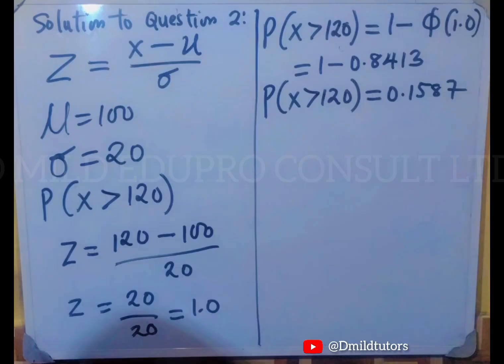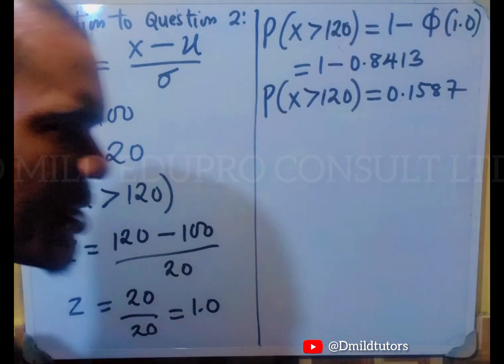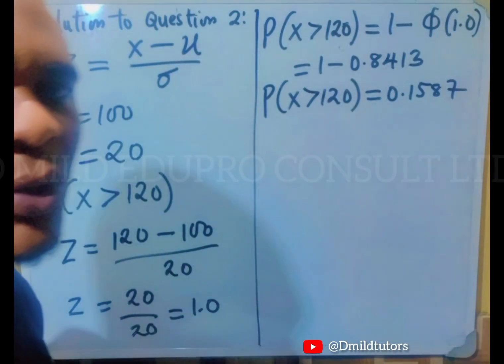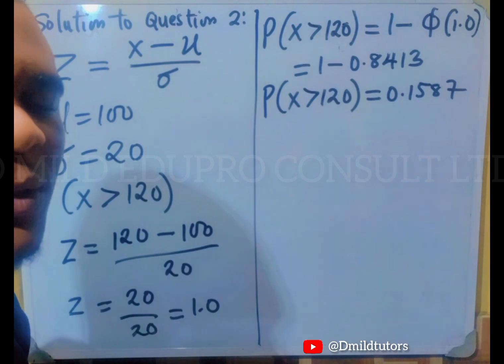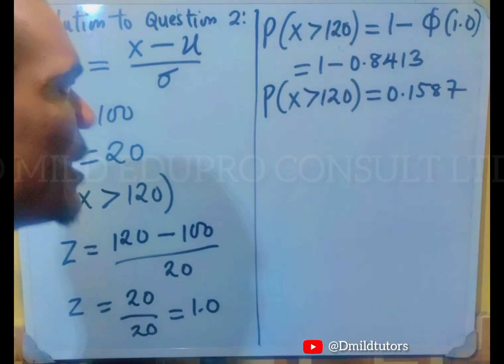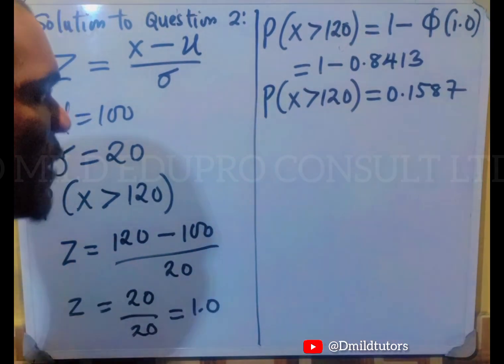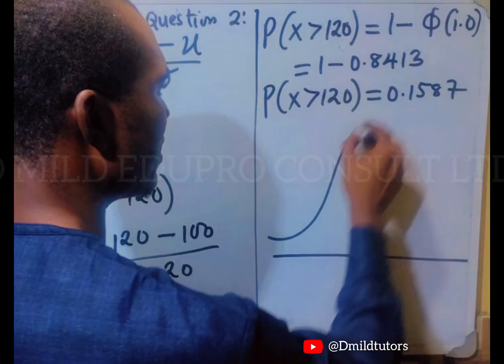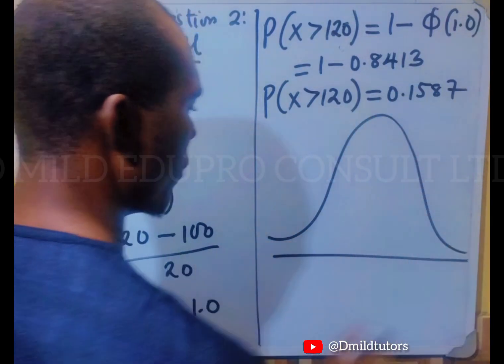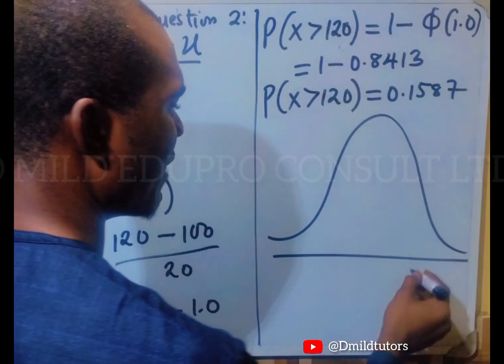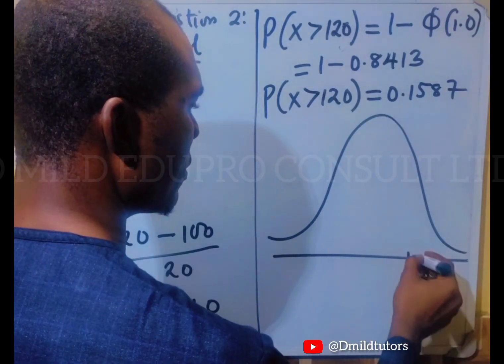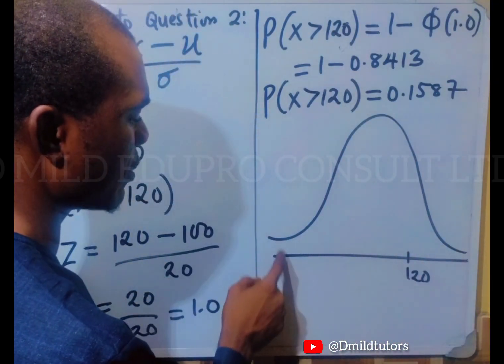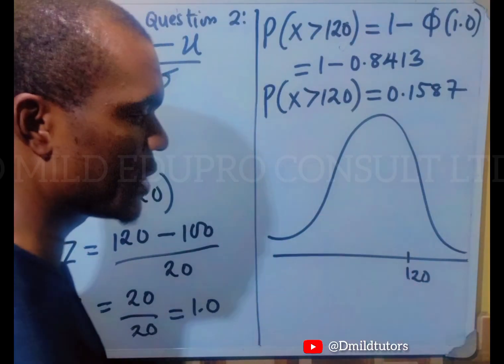Okay, and the question further says that you should show a normal distribution curve that shows this value. For a normal distribution curve, it's going to be something like this. Let me just simplify. Here will be 120. For a normal distribution curve, the curve will not touch this line, so take note of that.